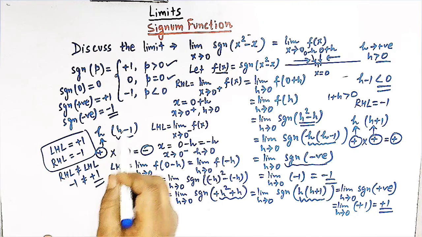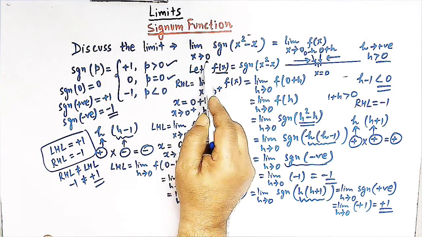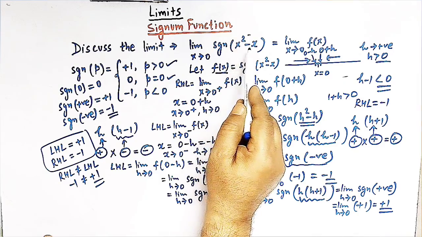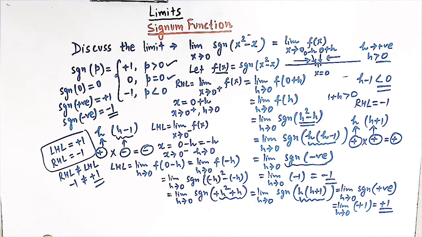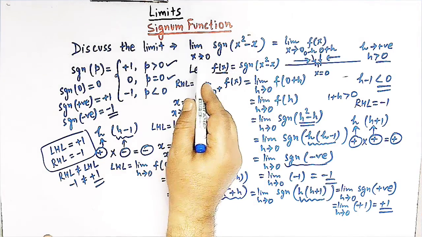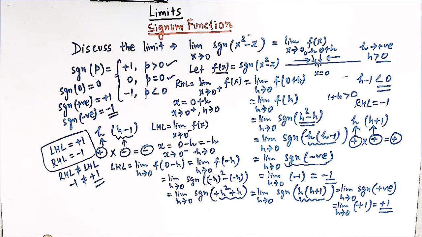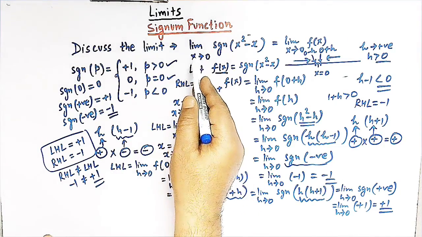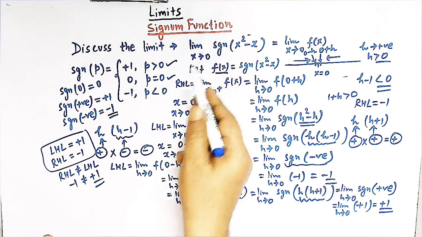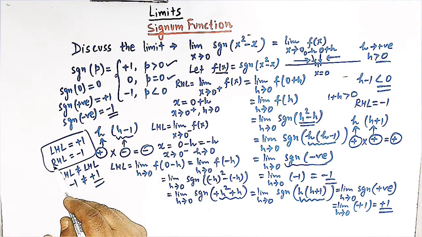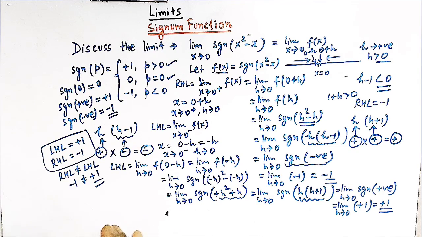So as such, the limit x tends to 0 of signum of x square minus x does not exist when x approaches 0, right? Because the limit of a function exists when the right hand limit and the left hand limit are equal to each other, and provided the right hand limit and the left hand limit must exist and they must be finite, right?